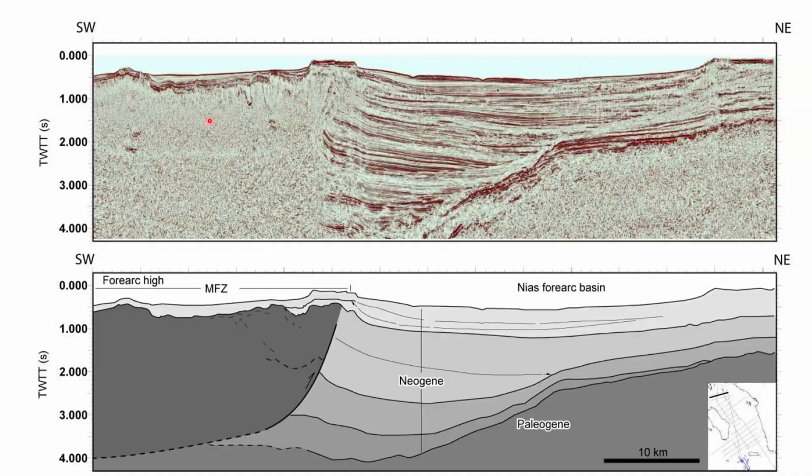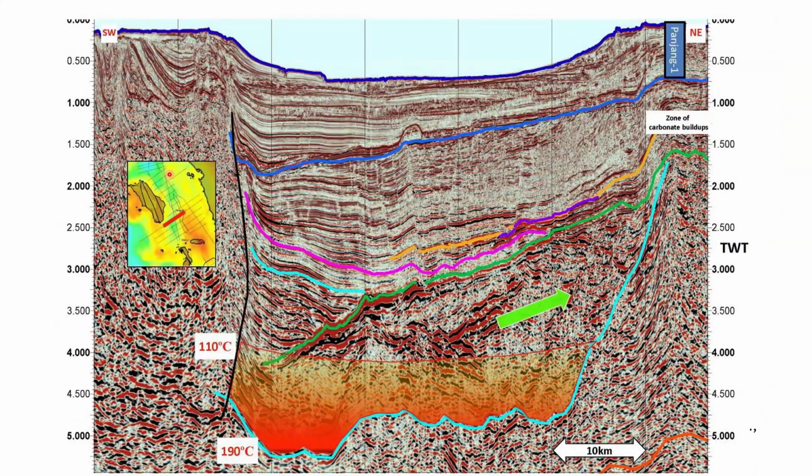This is another line that goes right along the edge of Gneiss. Again, we see this very strong unconformity down here, with sediments building up inside. There has been, since the early part of the Tertiary, a ridge over here, an accretionary prism, ponding sediments behind.